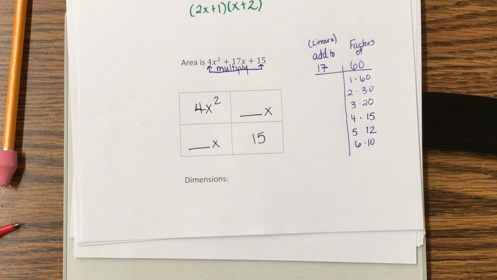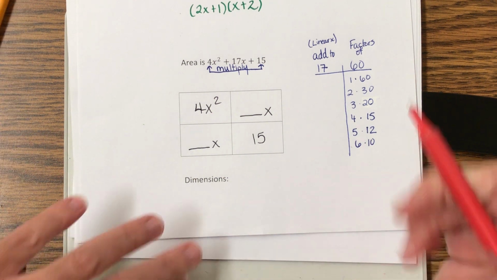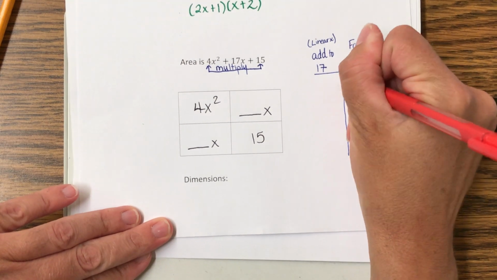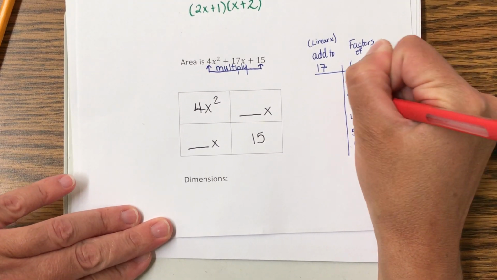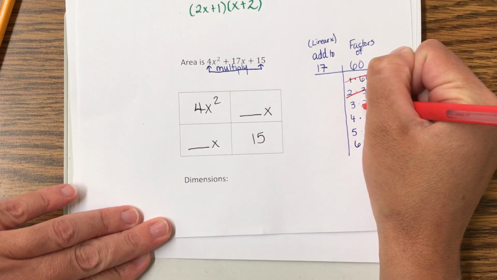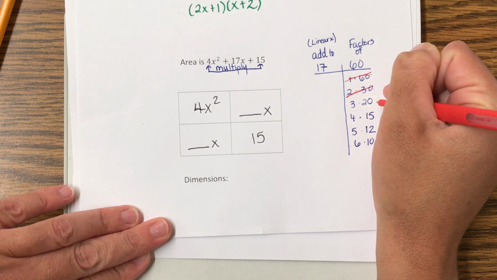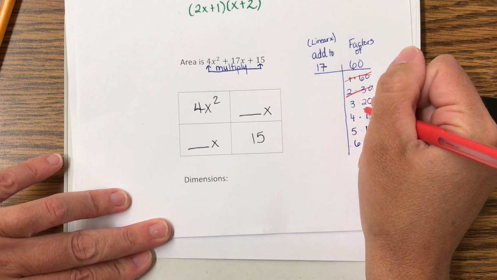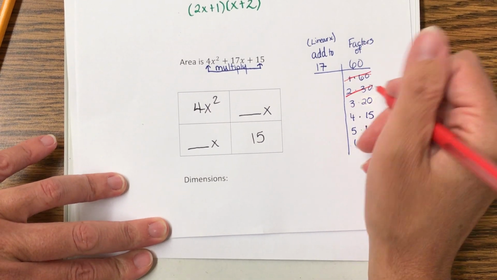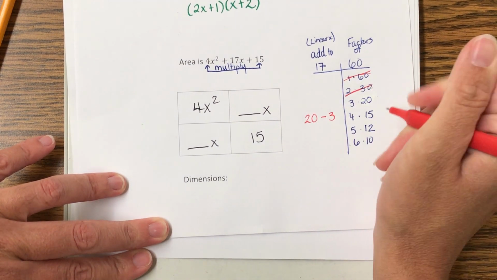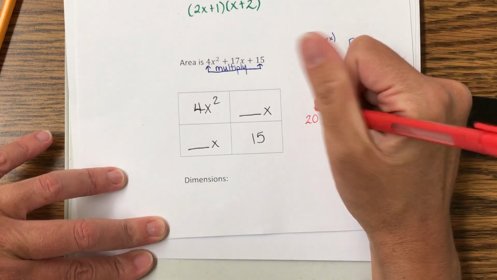So which set are we going to use that's going to add to 17? 1 and 60, there's no way I can get those to add to 17. 2 and 30, not going to work. What about 3 and 20? Will 3 and 20 work? Well, if I do 20 minus 3, that will work.